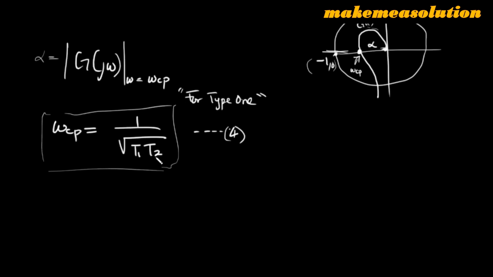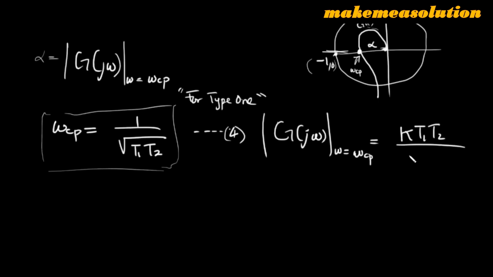The phase crossover frequency is this, and the magnitude at that crossover frequency is given as K T1 T2 all over T1 plus T2. So this will be relation 5. We are going to come back to these formulas. But what I'm going to do is use another way to get this particular expression. Then I'm going to use this formula to calculate the gain and place my restrictions on K. Is that okay? So can we try that?